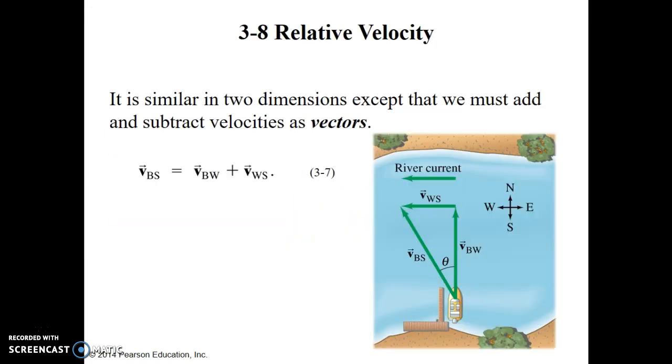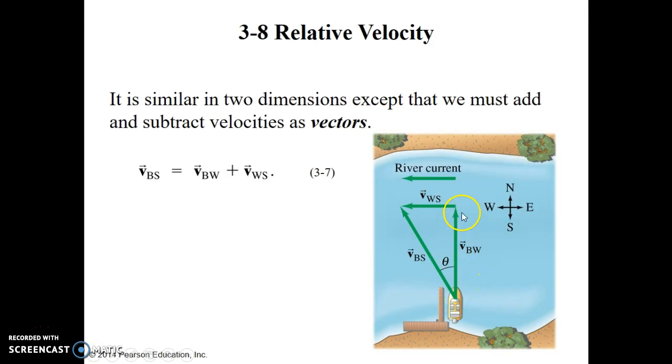So we have the boat, which is crossing the water. So this is going to be the velocity of the boat relative to the water. The boat is just crossing the water itself. But if somebody's looking at the water from the shore, then they see that the current is flowing downriver. In other words, it's flowing at a velocity of the water relative to the shore.